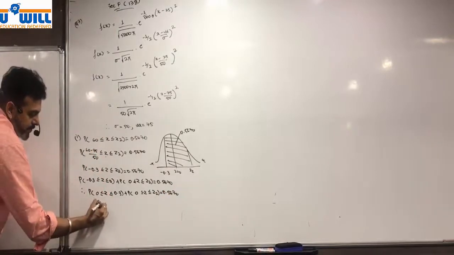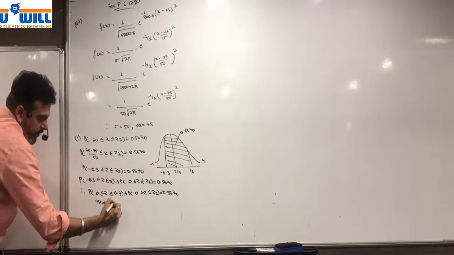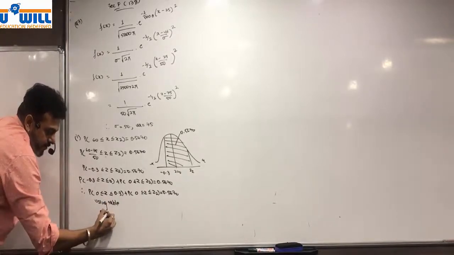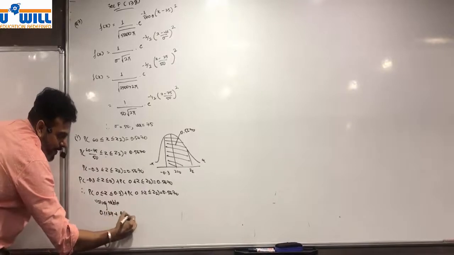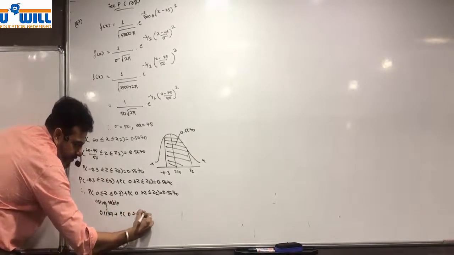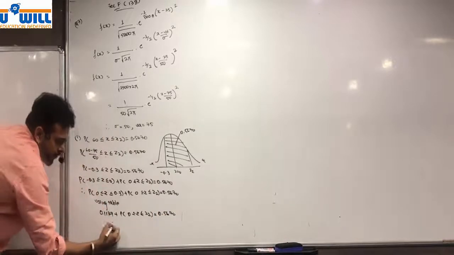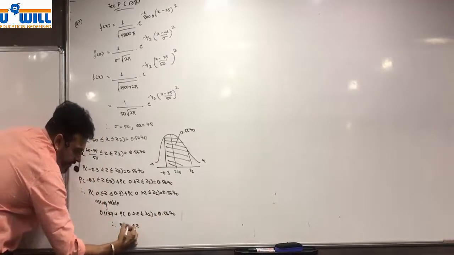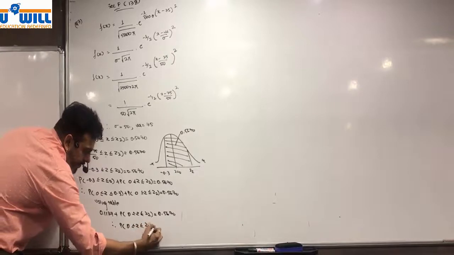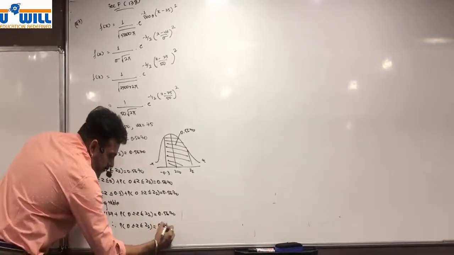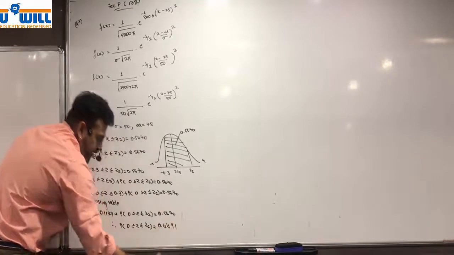Using table, what is 0.3? 0.1179 plus probability of z greater than equal to 0 less than equal to z2 is 0.5670. Therefore, probability of z greater than equal to 0 less than equal to z2 is how much? 0.4491.